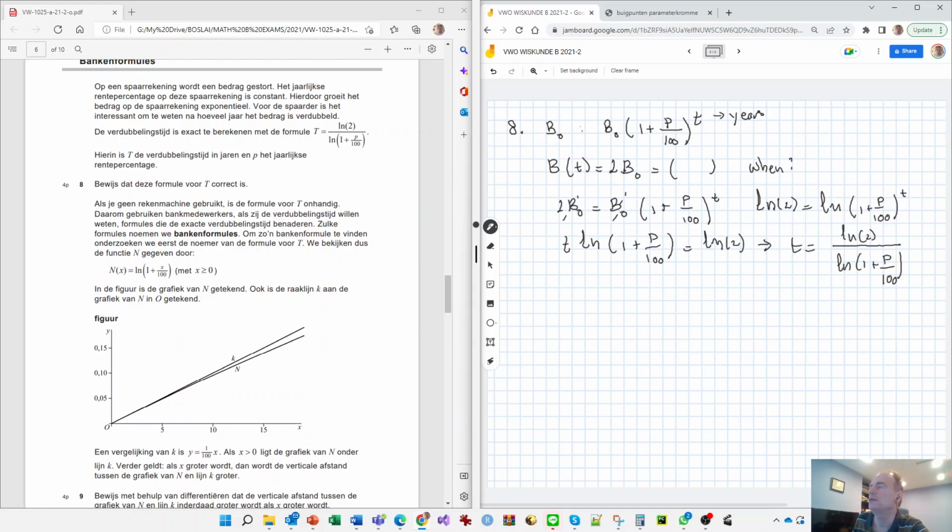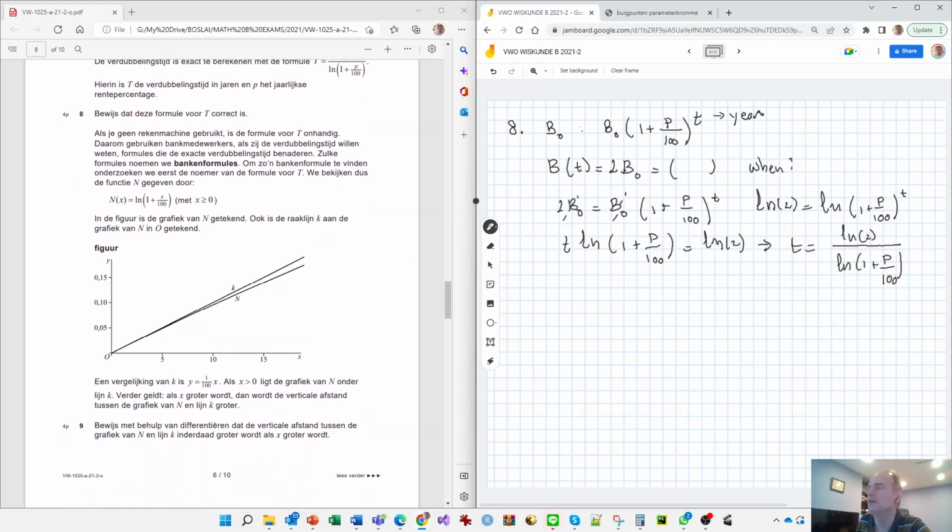But apparently this kind of compound interest equation has to be known by the student. It's not given here. I will check that again in all the exam requirements. I will make a video about that later as well.